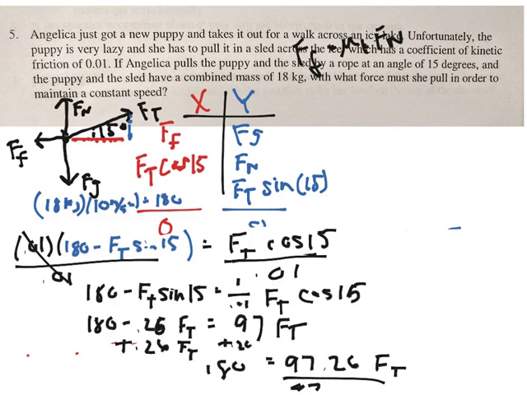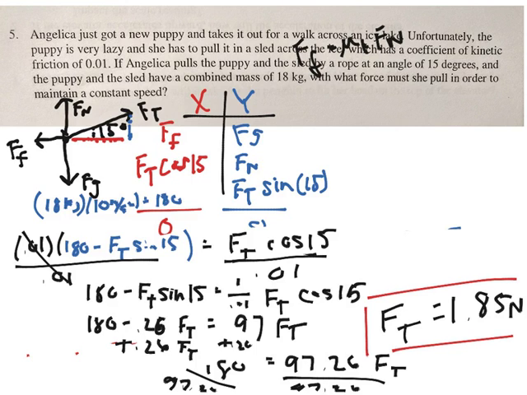So you divide both sides by 97.26, divide 180 by 97.26, and you will get Ft equals 1.85 newtons. So anytime you're done with the problem, because that is our final answer, we want to know the force of her pull, or the tension in the rope, that is what it is.